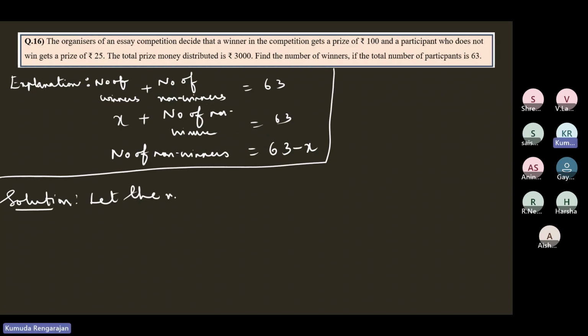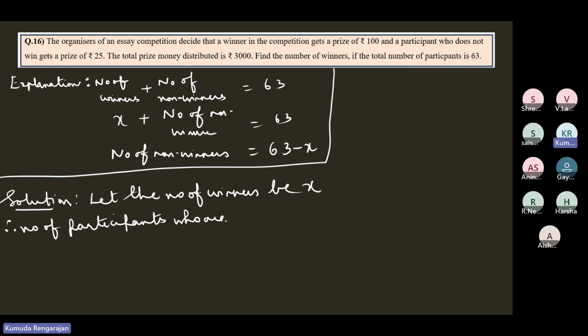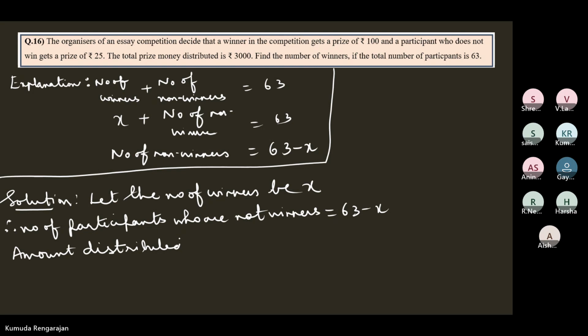Let the number of winners be X. Therefore, number of participants who are not winners will be 63 minus X. So what is the amount given to each winner, children? 100 rupees. Yeah, amount given to each winner is equal to rupees 100.